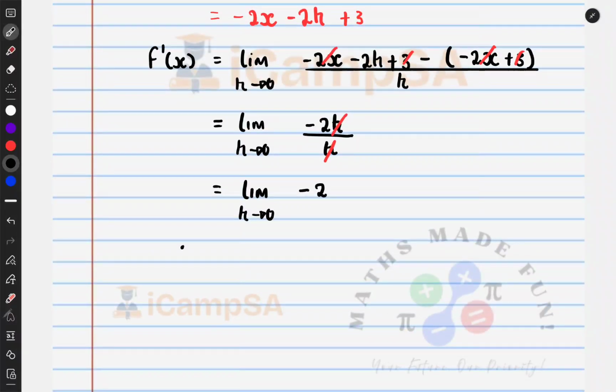So therefore f prime x will be just negative 2. F prime x will be negative 2, and that is your answer.